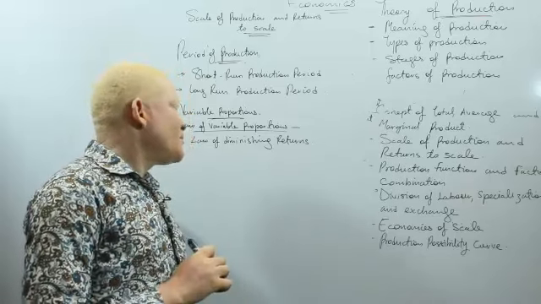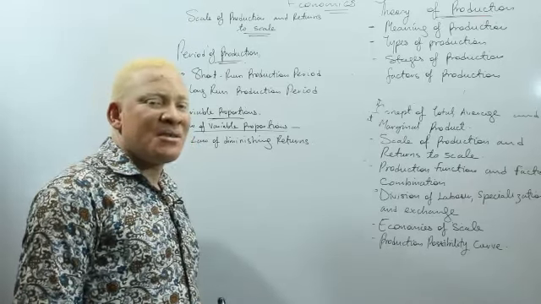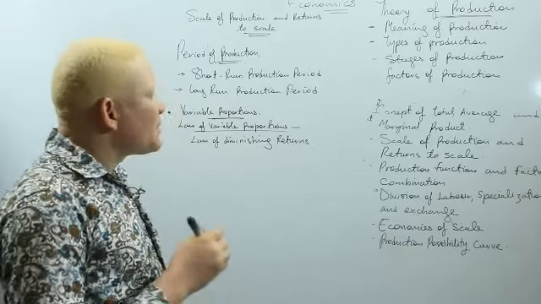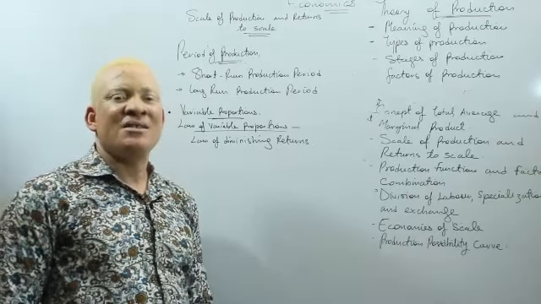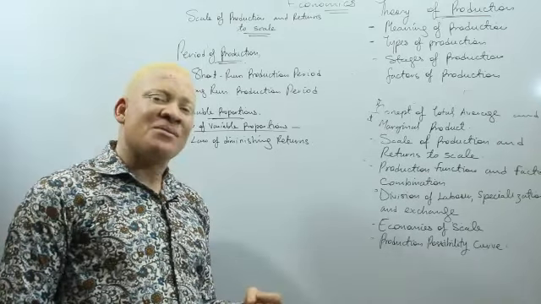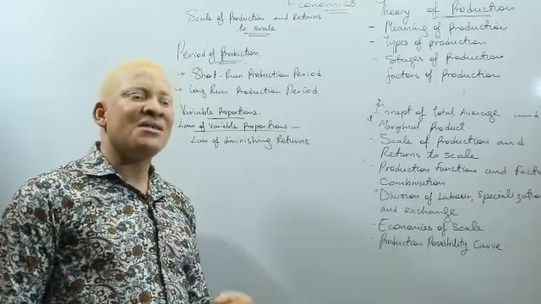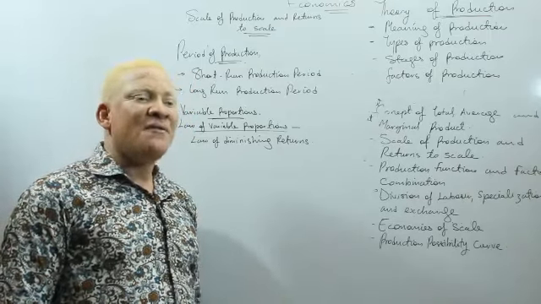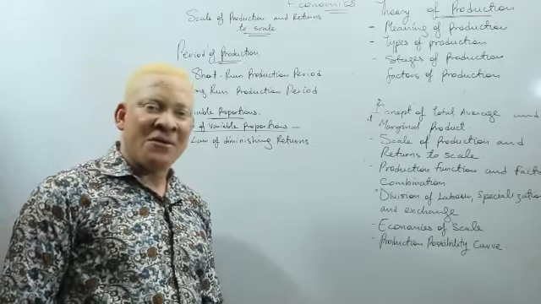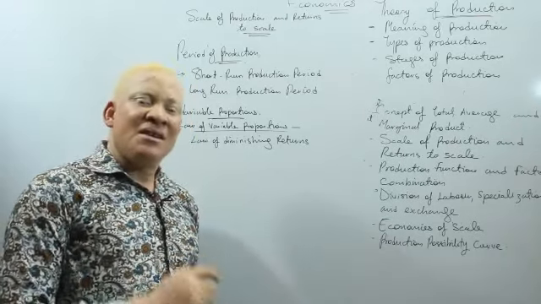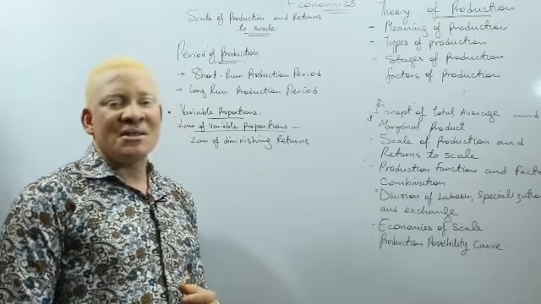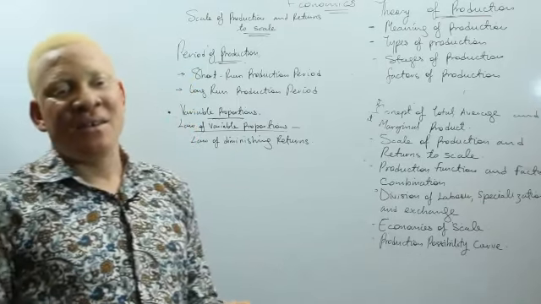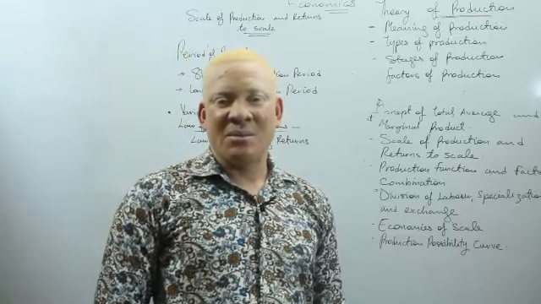Now, the law of variable proportions or the law of diminishing returns states that the more of a variable factor or a variable input is added to a fixed factor, output increases to a particular point where further addition of that variable factor will lead to first a decrease in the marginal product, a decrease in the average product, and finally a decrease in the total product.